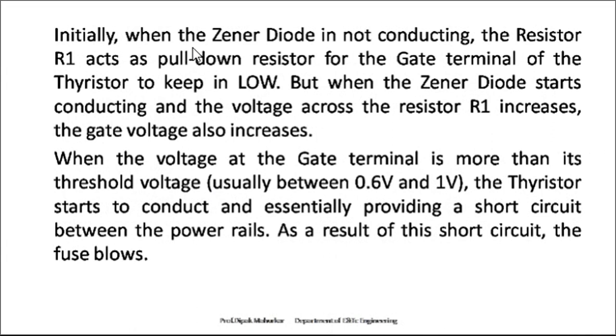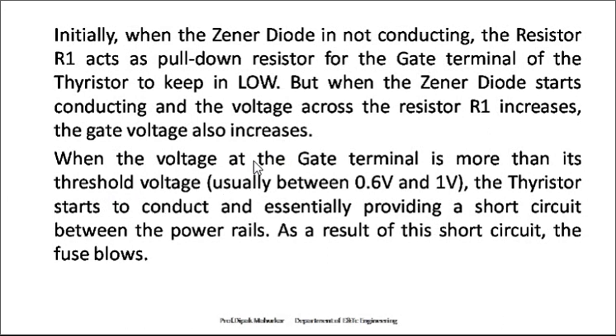Initially, when the Zener diode is not conducting, the resistor R1 acts as a pull down resistor for the gate terminal of the thyristor to keep it low. But when the Zener diode starts conducting and the voltage across the resistor R1 increases, the gate voltage also increases.